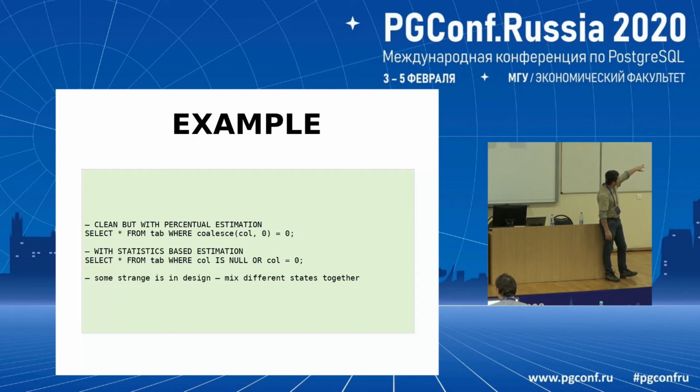Postgres can use an index on the second query, but cannot use an index on the first query. So sometimes you can increase the speed, the performance, with a better estimation when you change the function to native expressions.